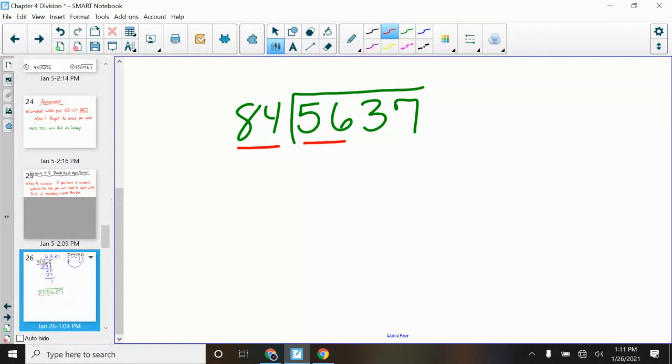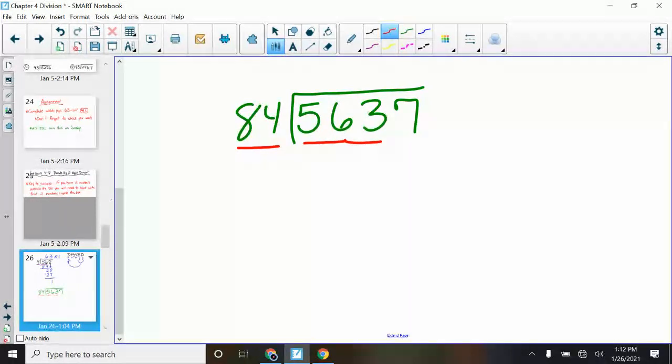So here's what we've learned: whenever my divisor is larger than the first thing that I'm looking at inside, how am I going to fix this problem? How can I start then? Max: You have to do 84 divided by 563. Yeah, I'm going to have to add that 3 to it.